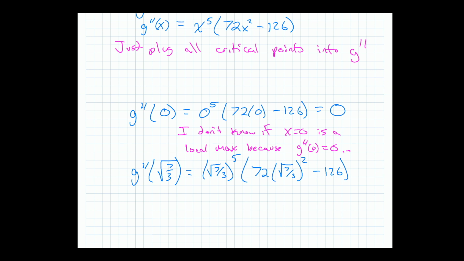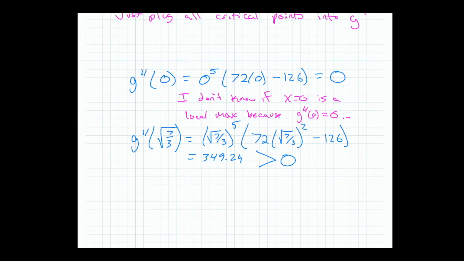So I'm just working this out on a calculator. 72 times square root 7/3 to the 2 minus 126, close parentheses, enter. 349, hopefully, point stuff. But we don't care. What we care about is that it is positive.